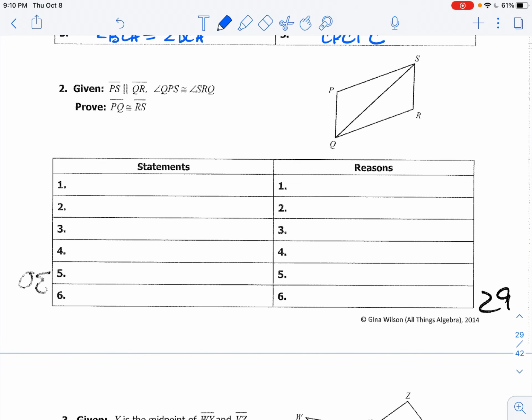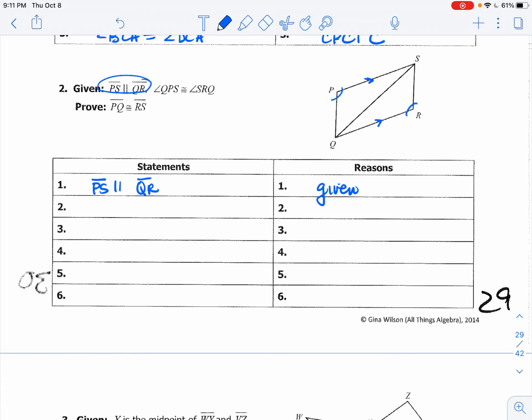Let's take a look at another example. Alright, so we'll start with our given statements. Side PS is going to be parallel to side QR. So PS is parallel to QR, and that is given. Our next statement says that angle QPS, Q to P to S, is congruent to angle SRQ, S to R to Q. Alright, so I'll make that mark.